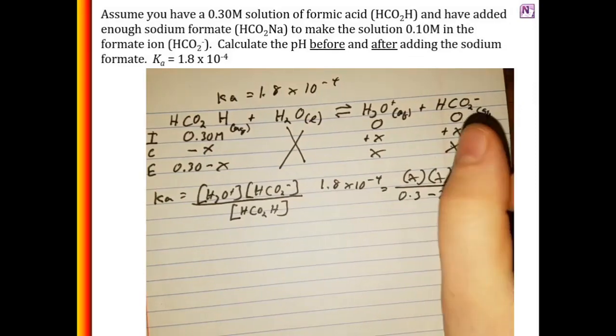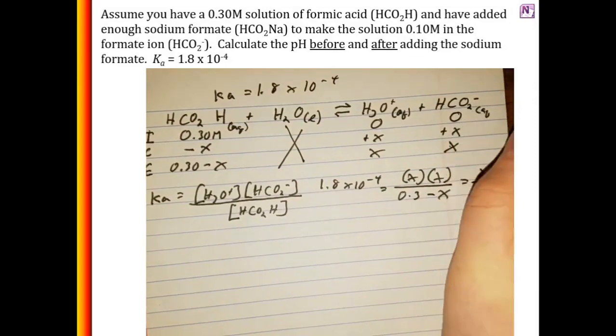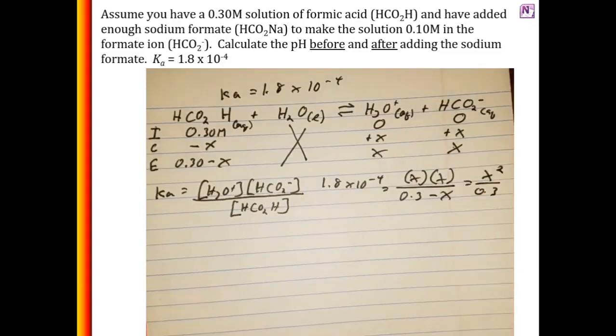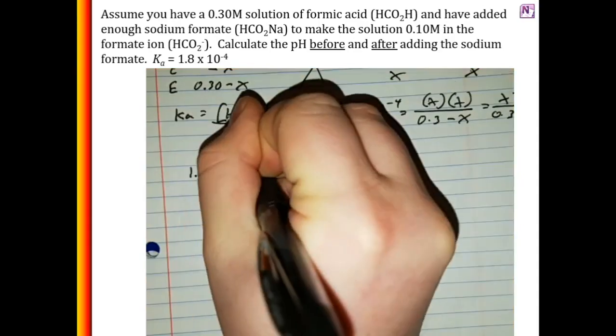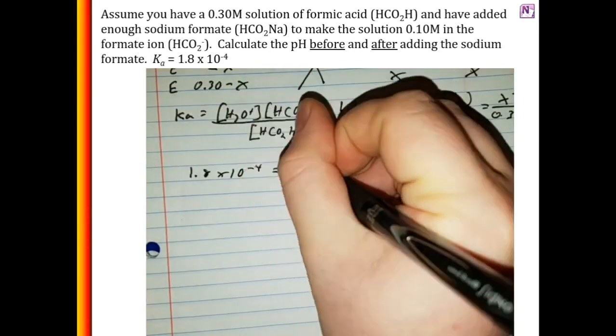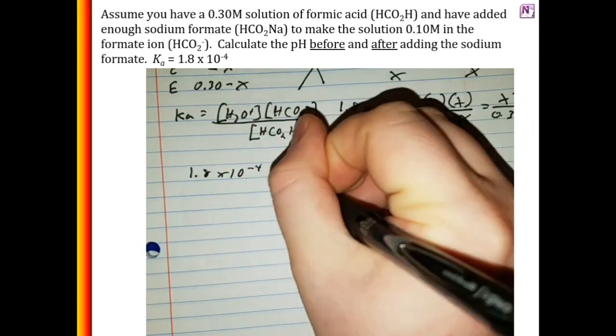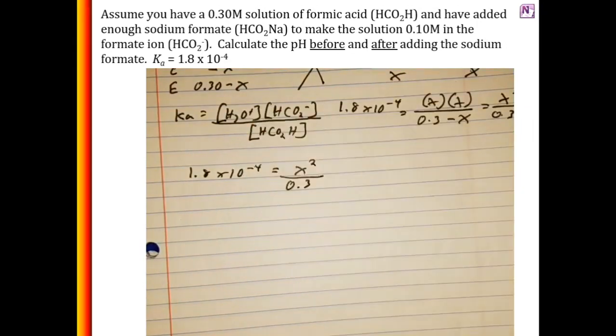Okay, so I'll rewrite my expression just to clean it up a little bit. So now I have 1.8 times 10 to the minus 4 is equal to X squared over 0.3. Okay, and now to solve this, I'll simply multiply both sides by 0.3.